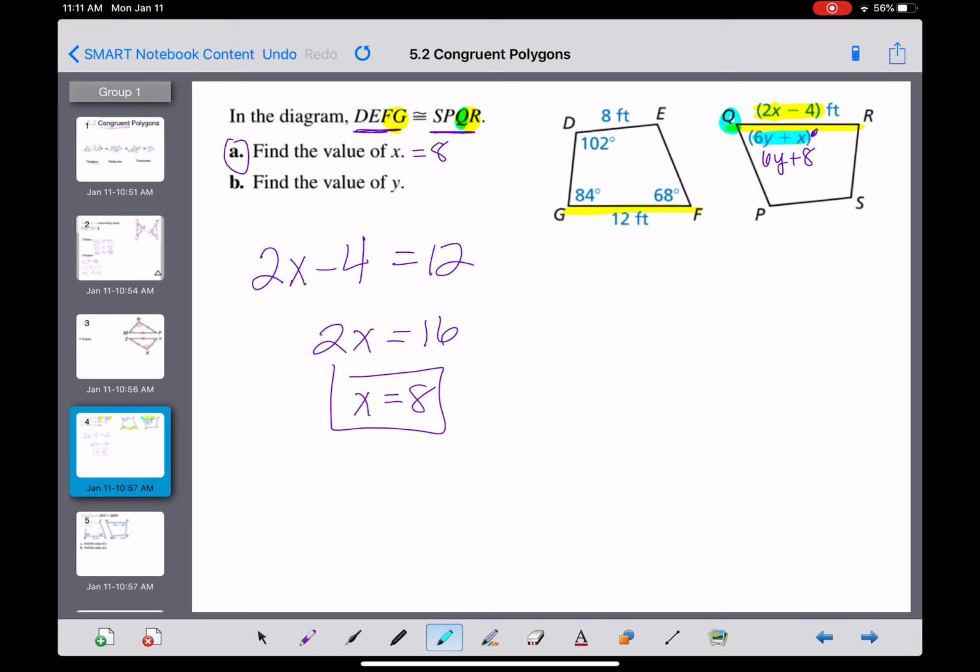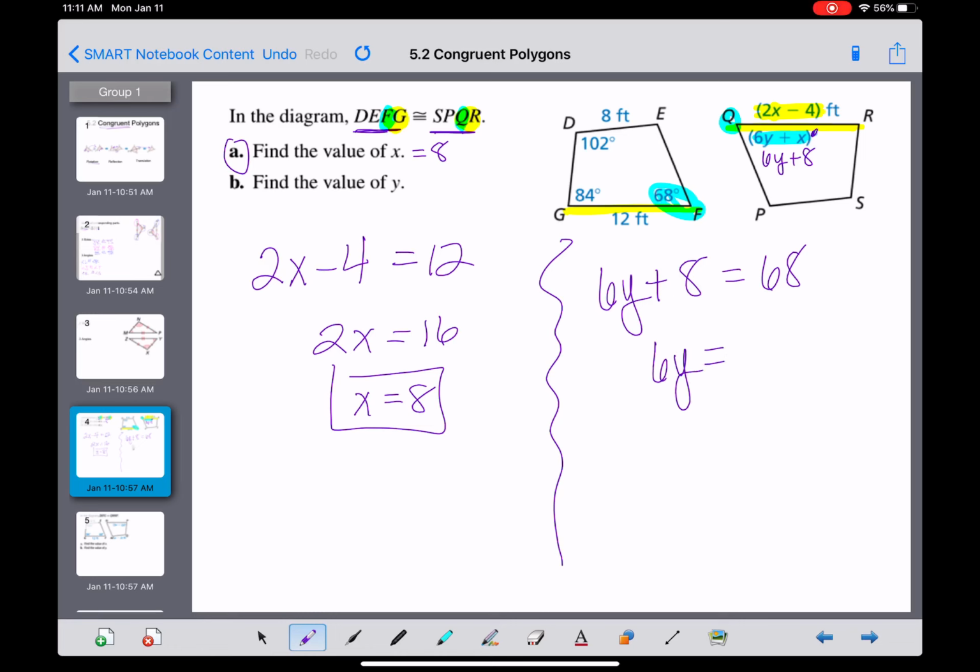I'm going to look for angle Q, which is the third letter in. So therefore, it matches up with angle F, since it's the third letter in. So I'm going to write an equation that represents the corresponding parts. So angle Q is equal to angle F. Now that I have my algebraic equation, I solve. Subtract 8 from both sides, divide by 6, and y is equal to 10.